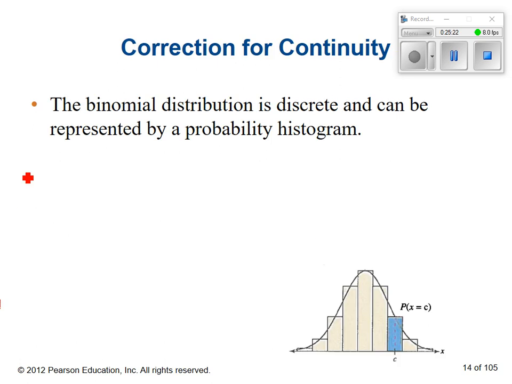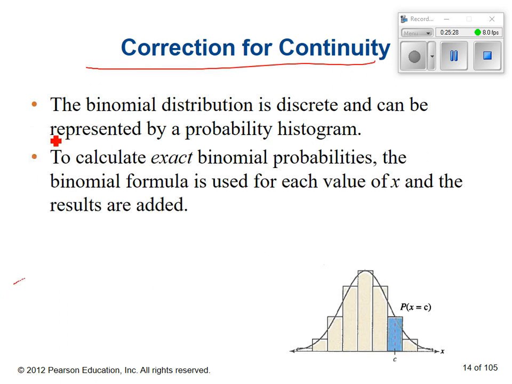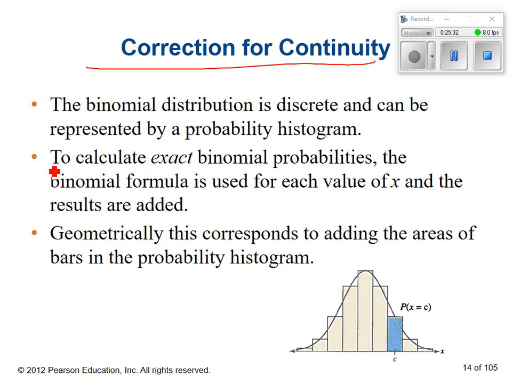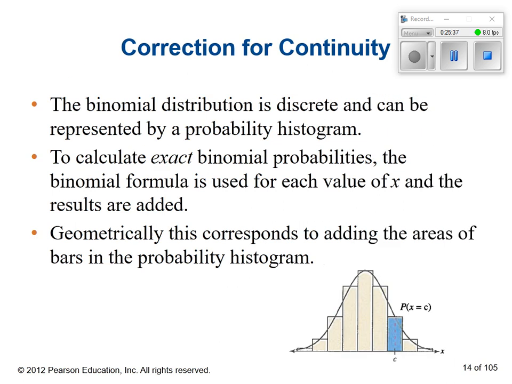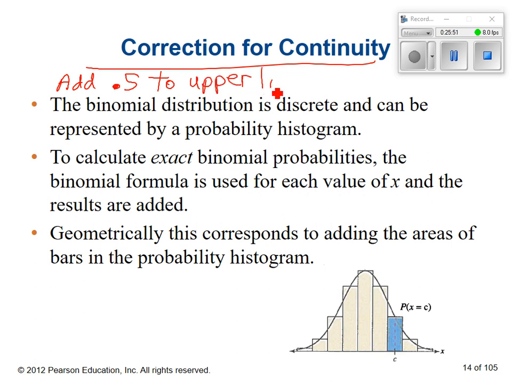All right, continuity correction. This is what we're going to do that's going to be different. Before you write any of this down, write that down, continuity correction. And under it, all I want you to put on here: add 0.5 to upper limit.